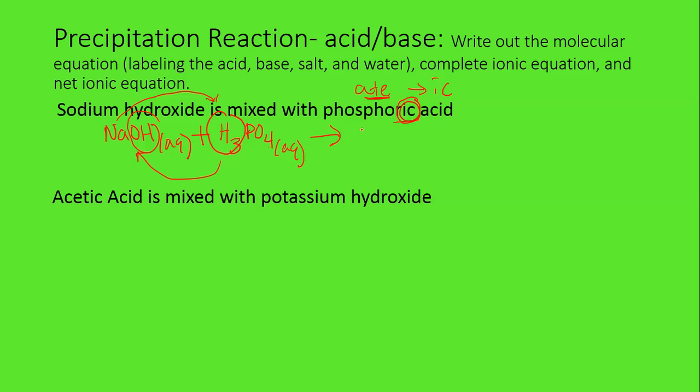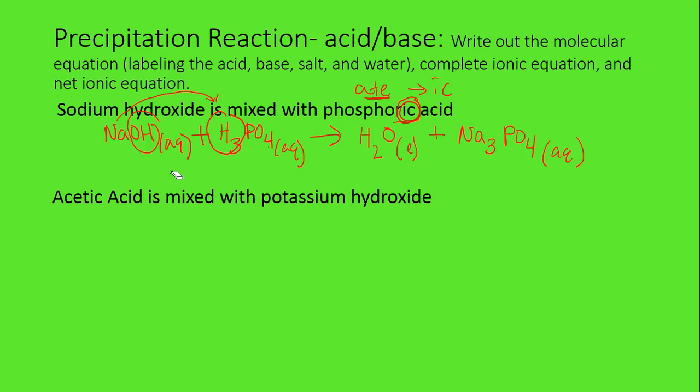So we know one of those products has to be water, so H2O, which again, remember, is a liquid. The other product has got to be sodium and phosphate, so it's going to be Na3PO4. Remember, sodium is one of those Rule 1 ions, which means it's always aqueous. So there is our reaction. Now the question is, what would an ionic equation look like for it? So let's go ahead and write that out.